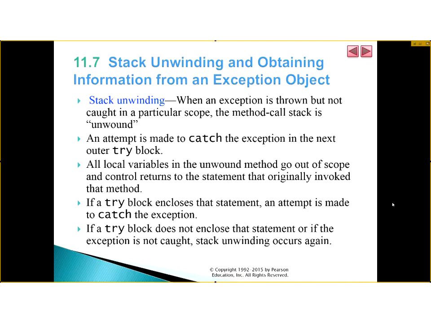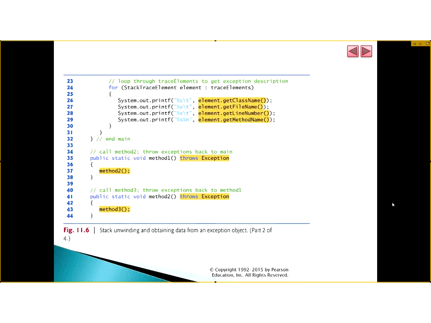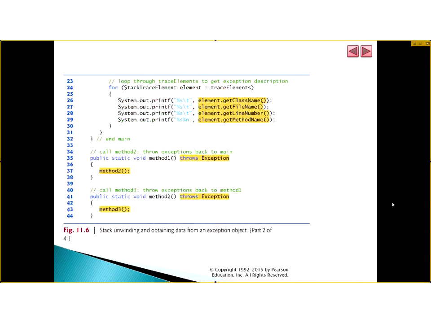Stack unwinding. Okay, again, here we go: main calls method 1, method 1 calls method 2, method 2 calls method 3, method 3 throws an exception. Method 3 has no code for handling that exception, so it goes back to method 2.